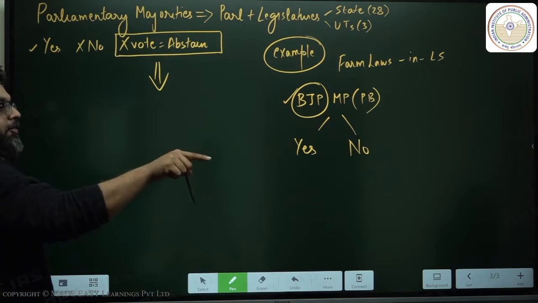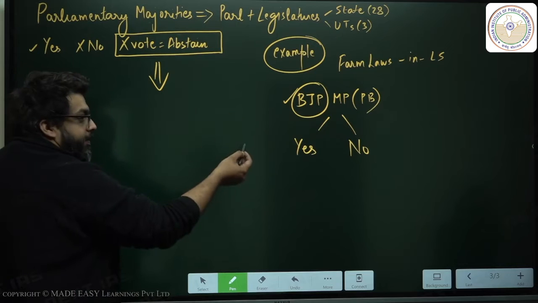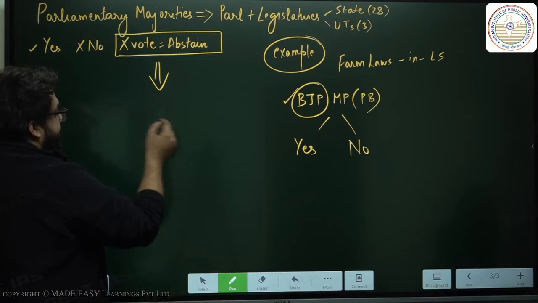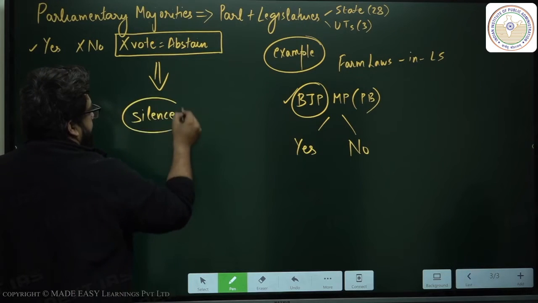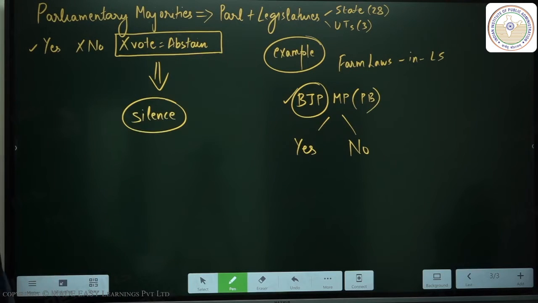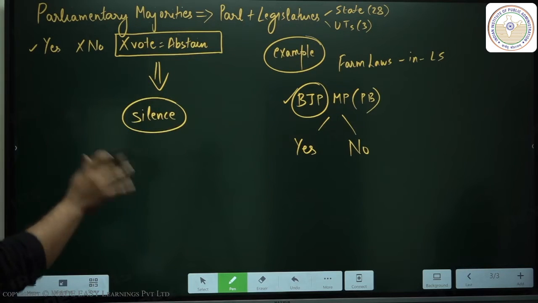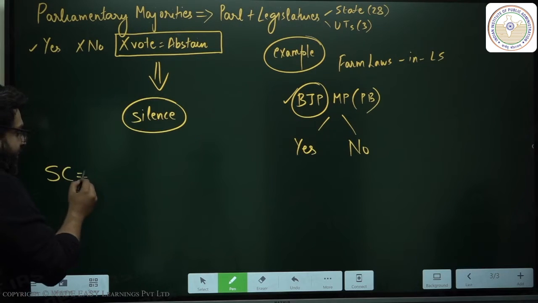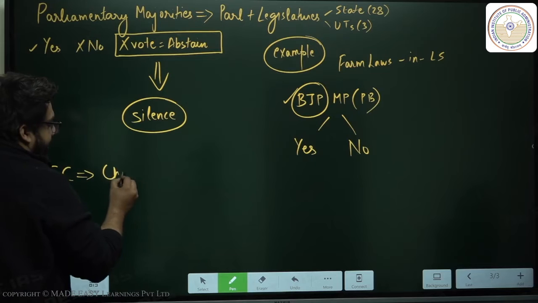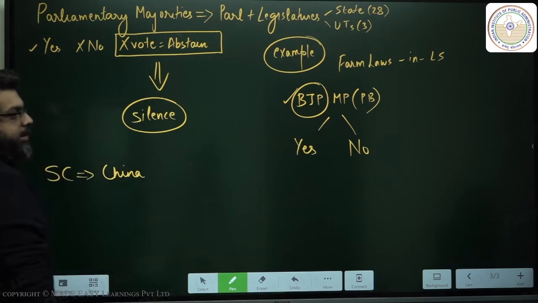When we will study the freedom of speech and expression, you will also understand that if you have the right to freedom of speech, if you have the freedom of expression, you also have the freedom of silence. And because you have the freedom of silence, you can happily decide to not vote. Similarly, in the Security Council, you will often notice that China, a lot of times, abstains from a lot of votes against Pakistan.